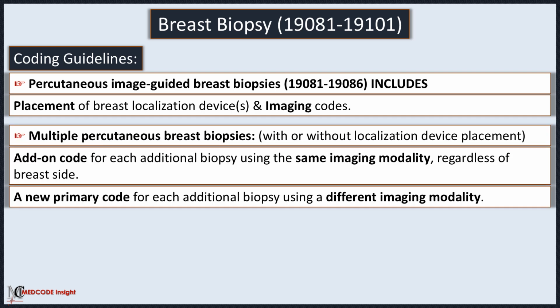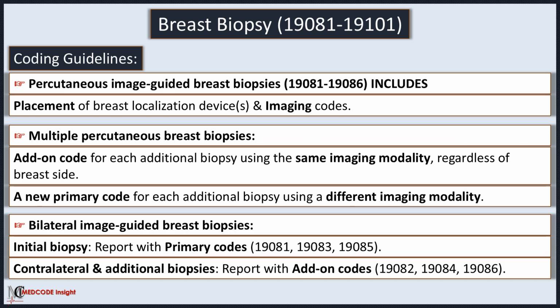In case of multiple percutaneous breast biopsies, with or without localization device placement, if using the same imaging modality, use an add-on code, regardless of whether the additional service is on the same or contralateral breast. If using a different imaging modality, report a separate primary code for each additional biopsy.